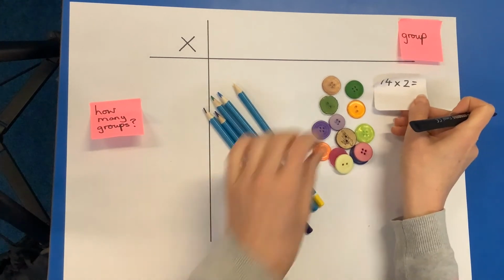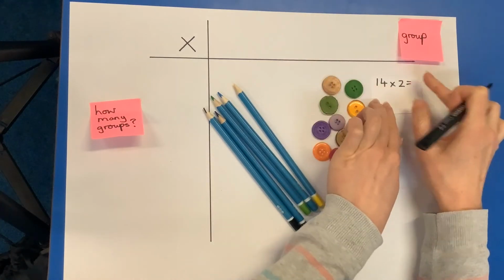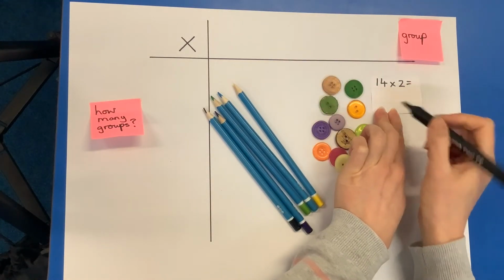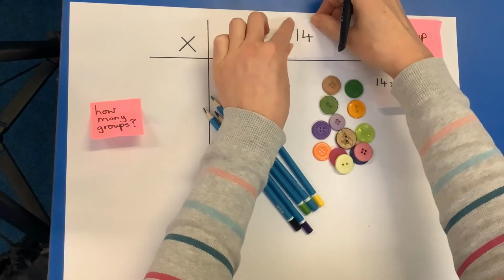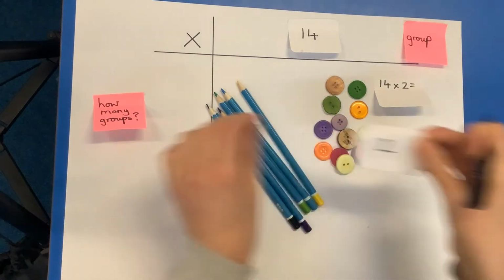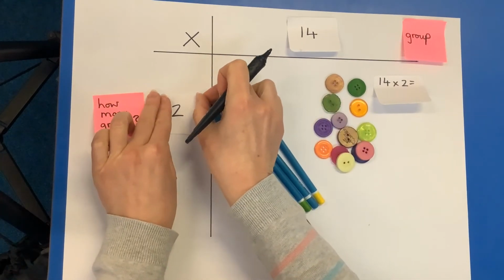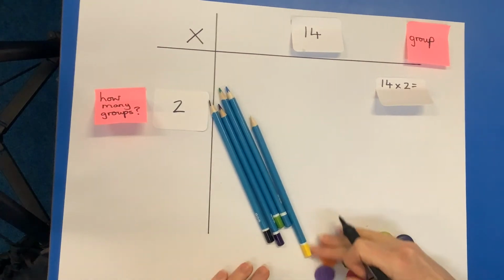Now, I have got here the number sentence 14 times 2. So my group is 14 because it's the first number. And the number of groups I need, how many groups, is 2. So let me move these to the bottom so I don't get confused.